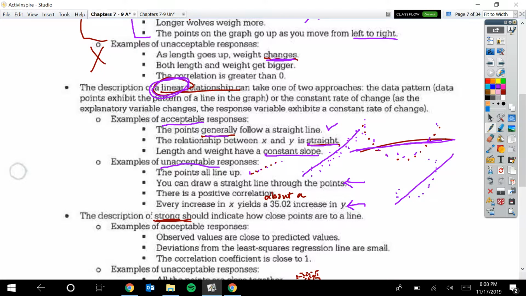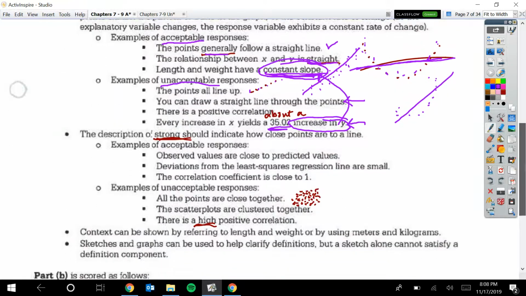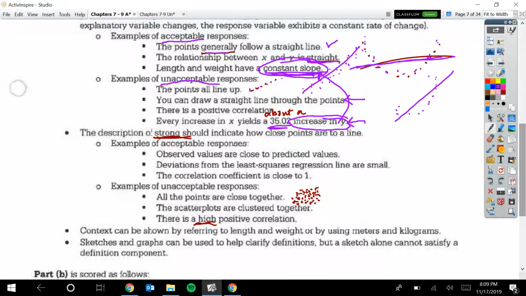So they didn't like that. Although perhaps I wonder if you said there's a predicted increase. I don't know because it says they have a constant slope, and all you were doing is being a little bit more specific here. Perhaps if you had said, I don't know. So there you go. I couldn't tell you. I'm just reading what they have here.